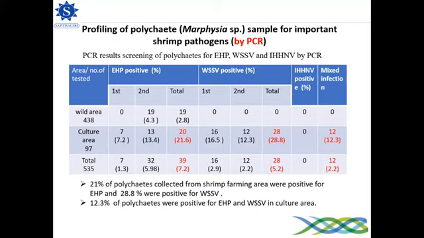In this result, in wild areas we are not getting any WSSV infection and very little contamination with EHP. So 21% of polychaetes collected from farming areas were positive for EHP, and 28.8% were positive for WSSV. 12.3% of polychaetes were positive for both EHP and WSSV in culture areas.